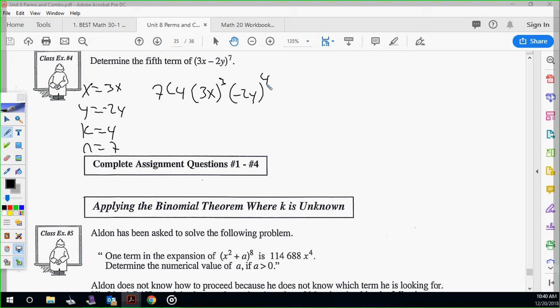You're going to cube a 3, and you're going to take negative 2 to the 4th. You do multiply those coefficients. It is a bigger number. 7c4 is 35. 3 cubed is 27x cubed. Negative 2 to the 4th is 16y to the 4th. Now you multiply these 3 numbers. You get 15,120 x cubed y to the 4th.